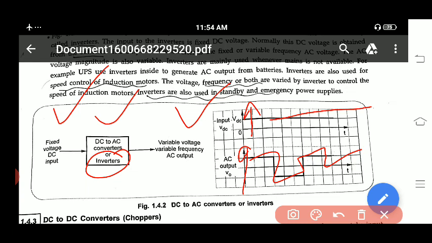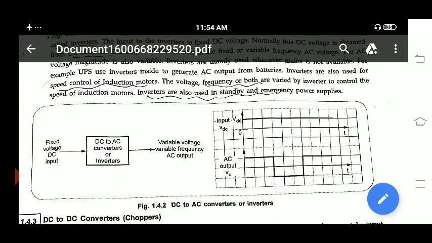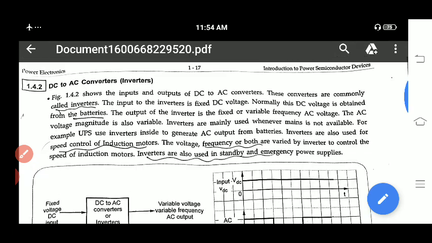Like a sinusoid. Here you can observe that you are expecting to get a pure sinusoidal, but you are not getting that. You are getting a square wave here. So we will see what they have written. Show the input and output characteristic of DC to AC converter. These converters are commonly called an inverter.